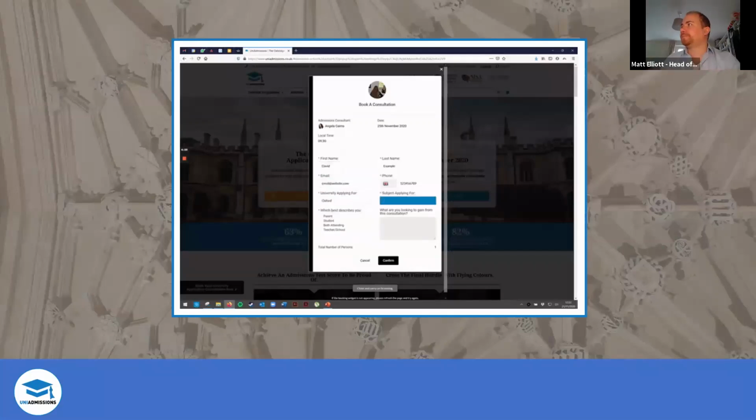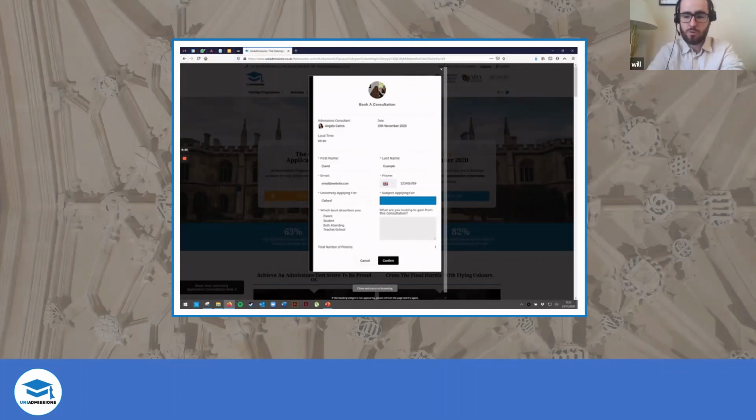Yeah, go ahead, Will. So basically, pretty much every admissions test, if you Google it, you'll be able to find specifications of it. Cambridge Assessments are the chaps who run these really. And so on their website, they've got pretty detailed information.